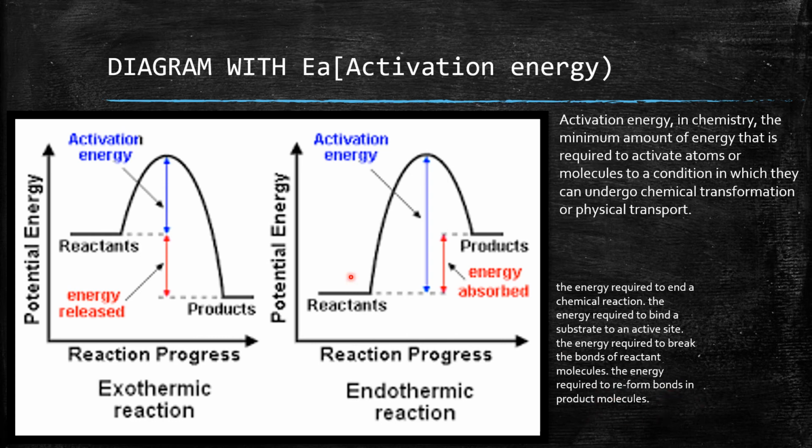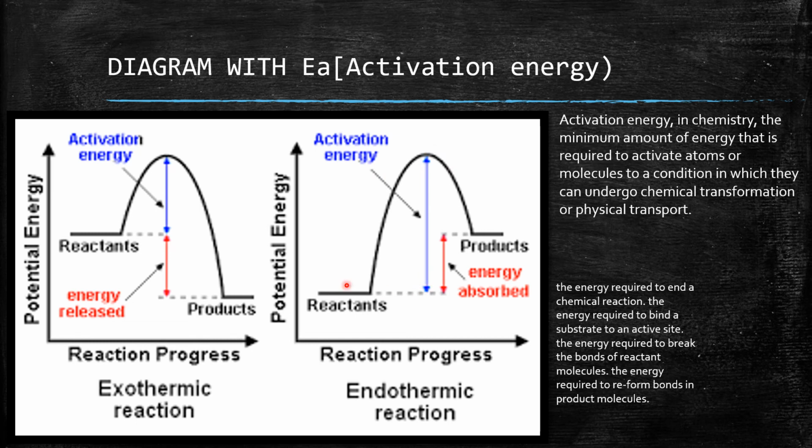molecules. So in exothermic, you can see reactants are higher than products, and the activation energy is over here. For an endothermic reaction, the reactant has lower energy than the products, so energy is absorbed. You need to know where energy is released, where energy is absorbed, and you need to know activation energy. Usually activation energy is from the reactant up to the bump.